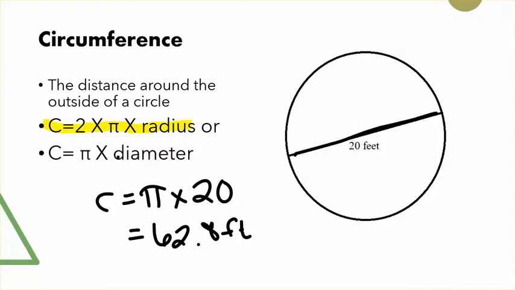I want to show you what would happen if I had selected the top formula. The top formula says circumference is 2 times pi times radius. So let's try that. Hopefully you remember that the radius is from the center out. It's half of the diameter. So that means that in this one, my radius is 10.